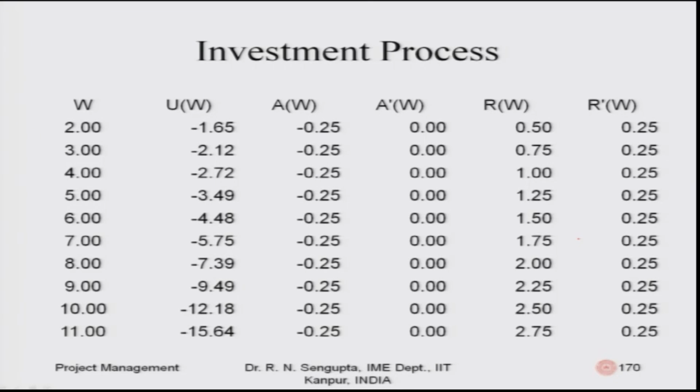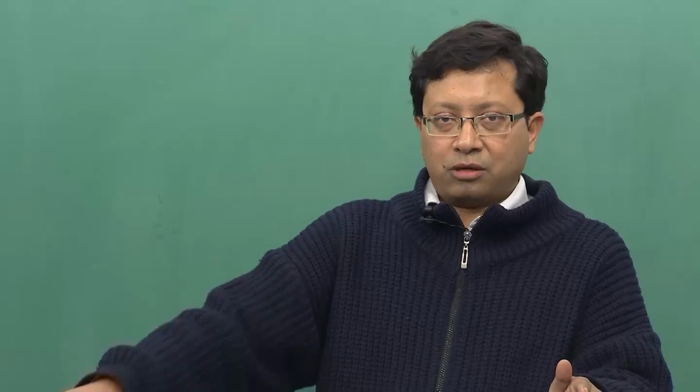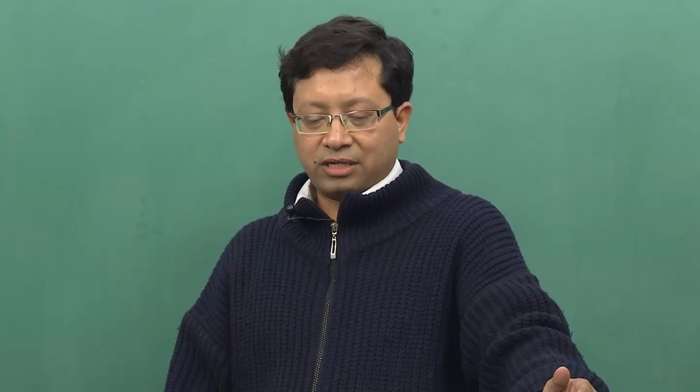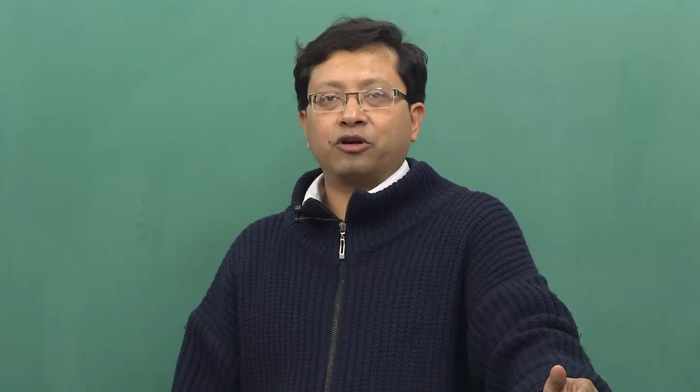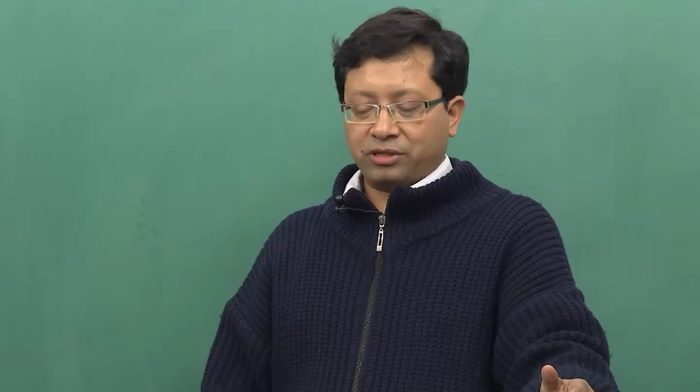Similarly, I find R as the multiplication of a into W, and then I find R prime, which is again a constant, the value of a. So, you can see that whatever we discussed using simple mathematics also comes out in this simple example. So, it's constant absolute risk and positive relative risk property.